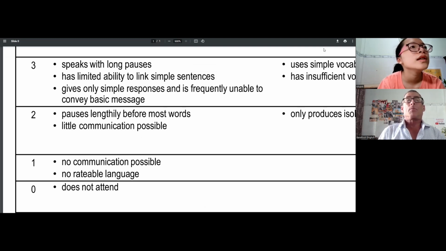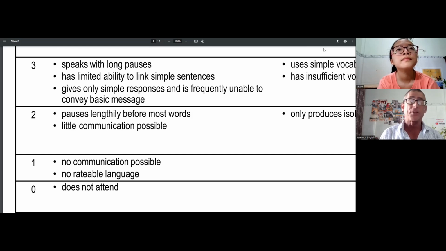Now we're going to move to two. Number two, they say: pauses lengthily before most words, little communication possible. Now, pausing lengthily before most words is a very common feature that we see in people that don't really know how to speak English.